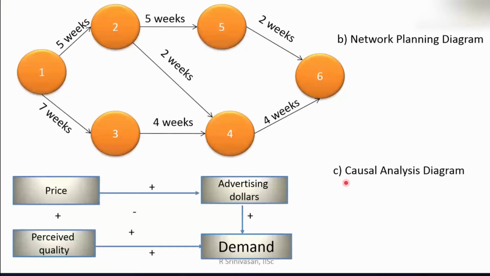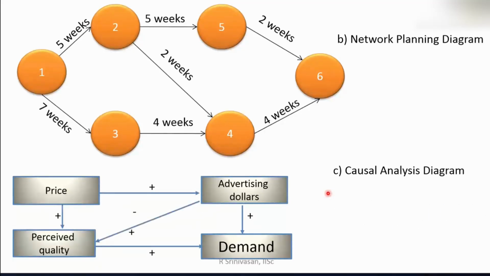This is called the causal analysis diagram. What is the cause for a particular scenario? Your demand is increasing. It may be due to the perceived quality in the marketplace, or it may be due to the advertising spending that you are doing. You may have all these types of scenarios in the marketplace.